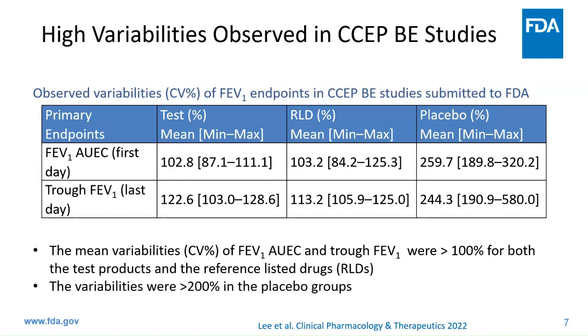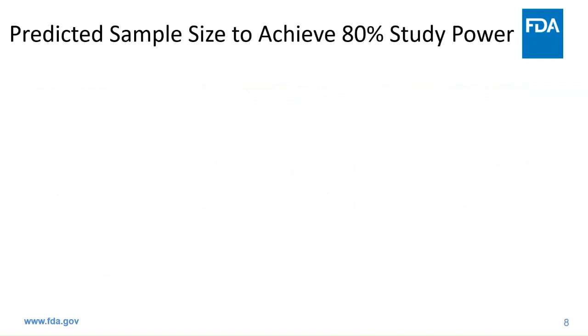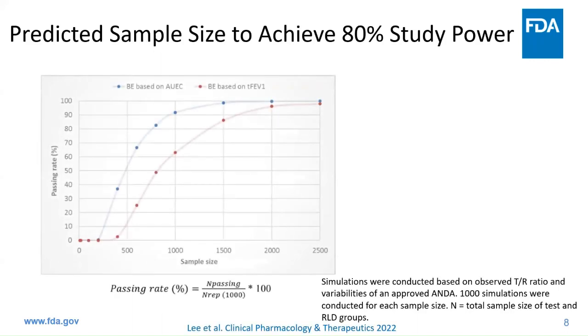We also found the variabilities were over 200 for the placebo groups. Part of the reason we are seeing such a high variability could be the flat dose-response relationship and because the study is conducted in patients.